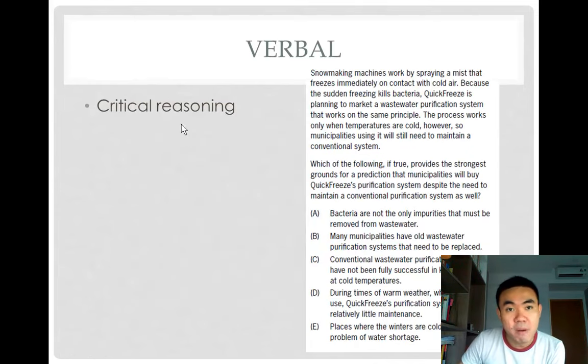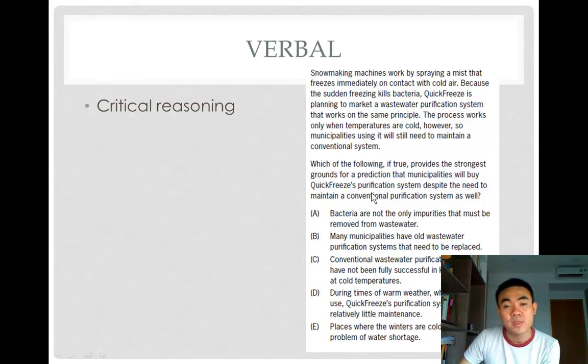And then the last part in the verbal exam is called the critical reasoning questions, in which you are again given a paragraph of argument, which is very similar to your analytical writing questions. However, this time you are not given an essay to write about, but you are given multiple choice questions based on the argument above.